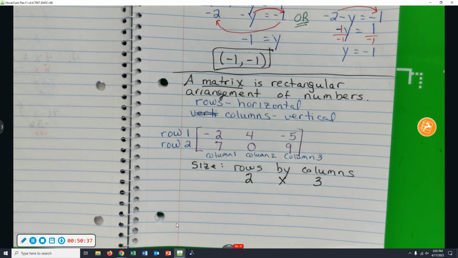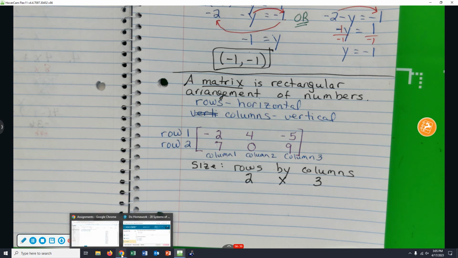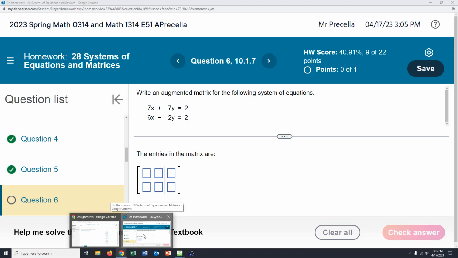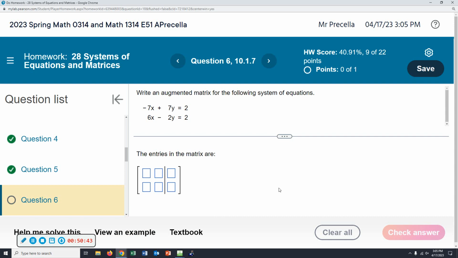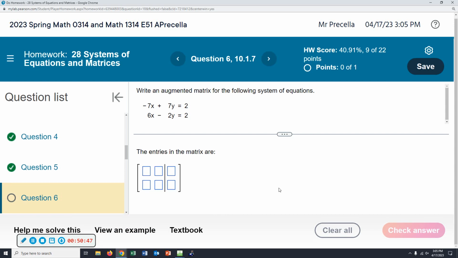Now, problem number 6 will probably represent one of the hardest problems we've done this semester. I'm sorry, but it had to happen. Okay, problem number 6. It says, write the augmented matrix for the following system of equations.